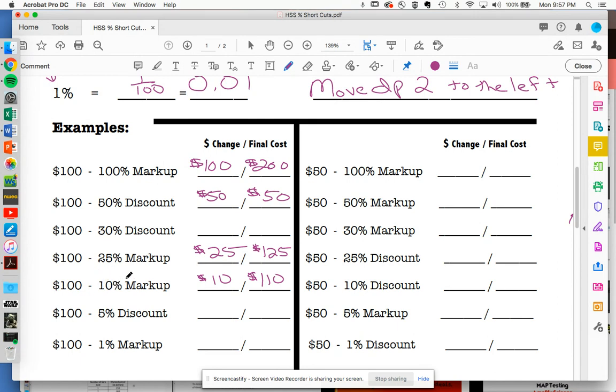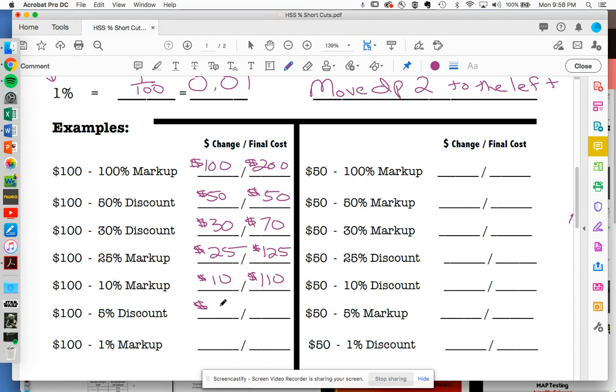Let's go back up to this one. Now that I know 10% is $10, to find 30%, I triple it. So that would be $30. And if it was a discount, that means I would pay $70. Remember how we found 5%? You can look up above on your paper. It's pretty simple. You find 10% and then cut it in half. Well, I know 10% was $10.